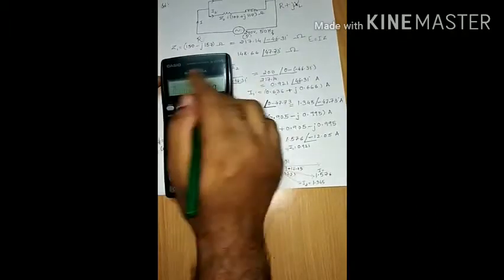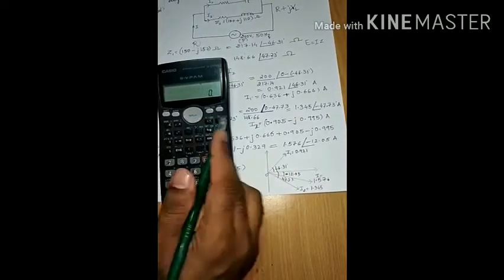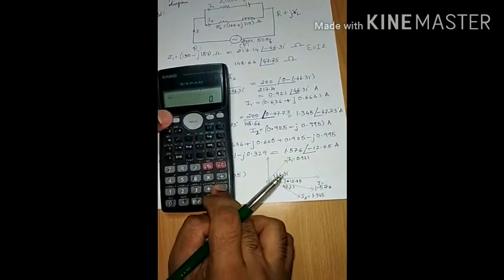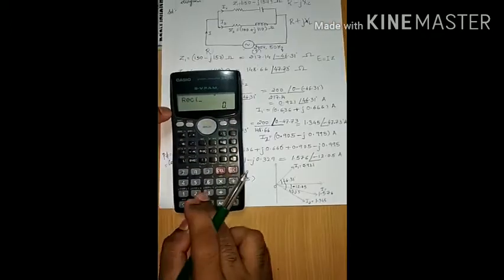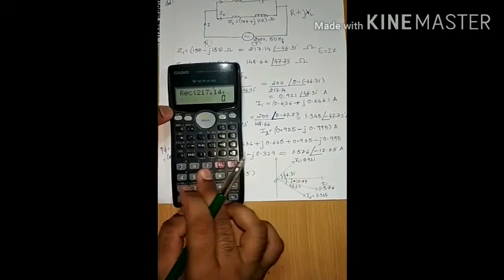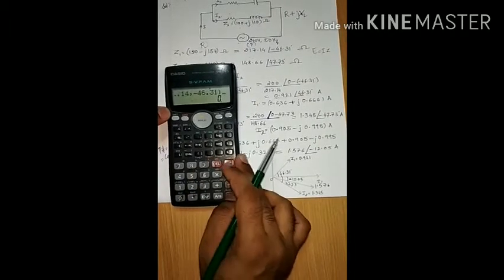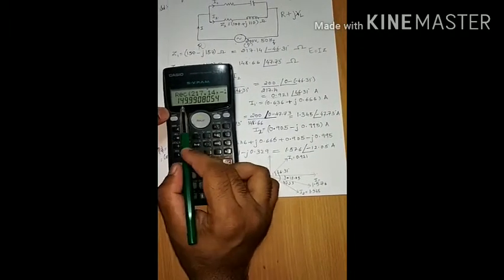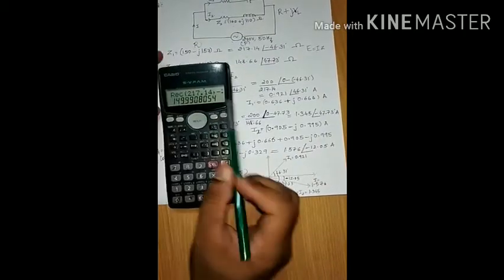Again, if you want to convert this from polar back to rectangular, I'll take Rec and give the values 217.14 comma minus 46.31. So I've got 149.9, which is nothing but my answer of 150 for Z1.